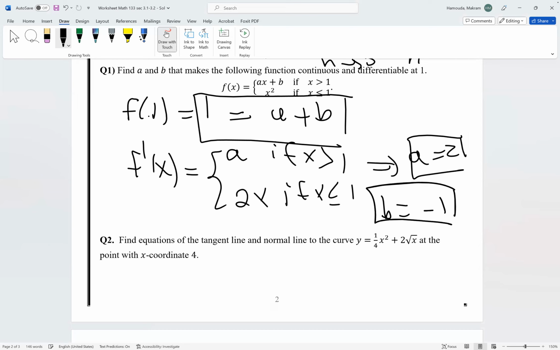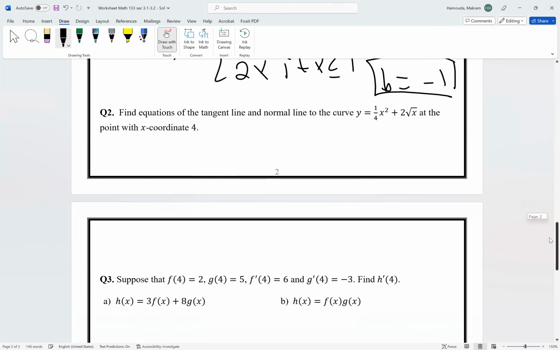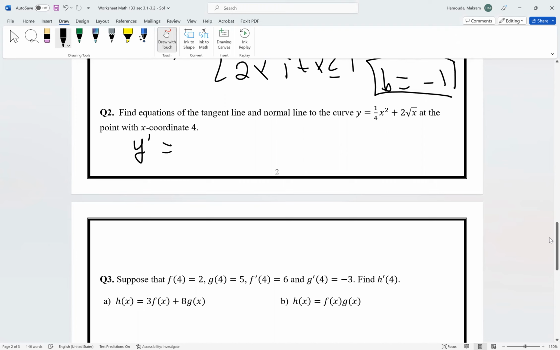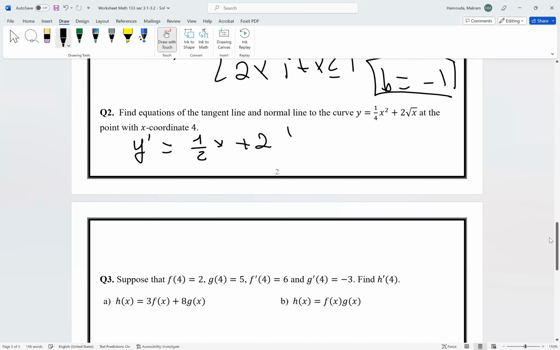The next question, find the equation of the tangent line and normal line to the curve y equal to this quantity. So first we compute the derivative. Y prime is equal to 2x over 4, that means half x, plus 2 times the derivative of root x, which is 1 over 2 root x.